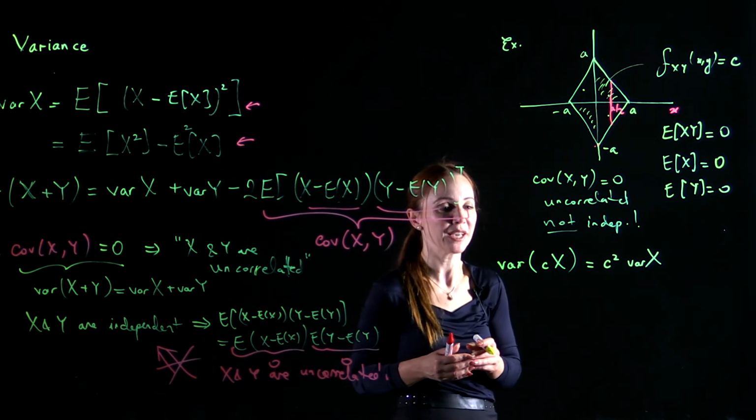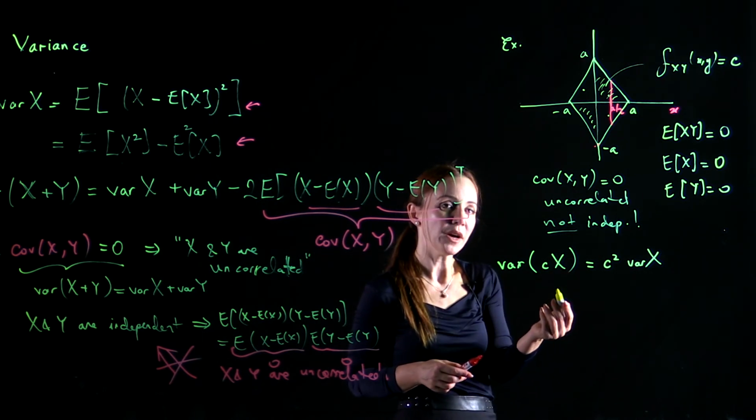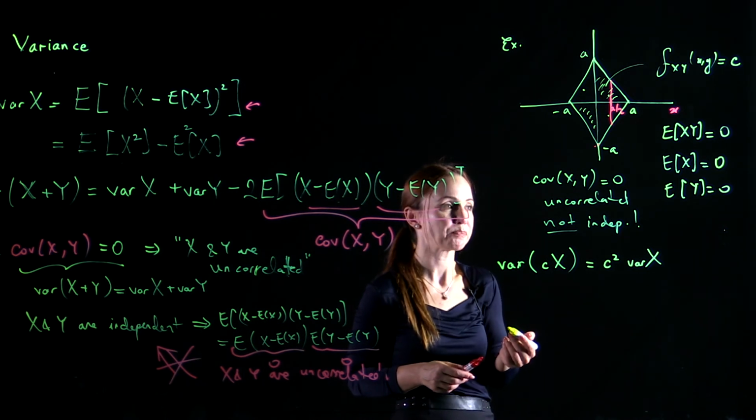So let me take this sentence back. But if you basically multiply a random variable by 2, the variance is quadrupled.